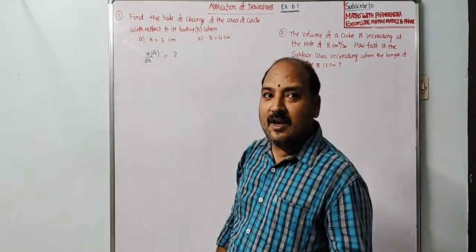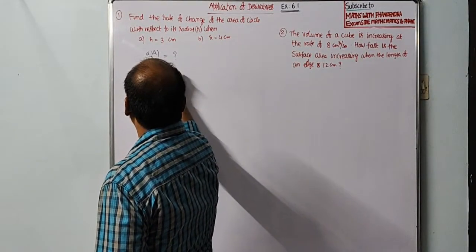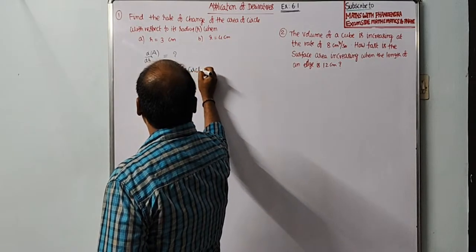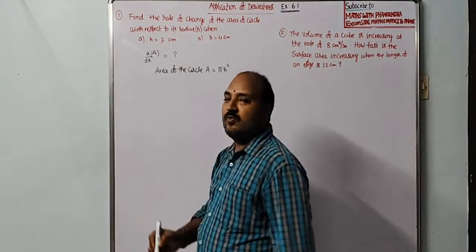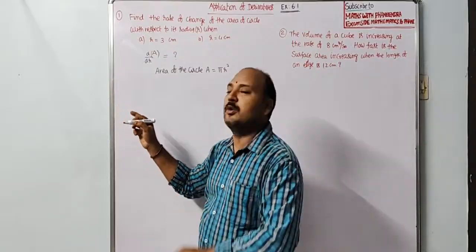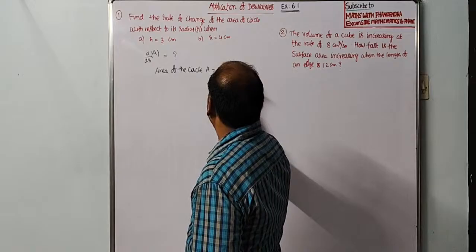So, what is the area of the circle? Area of the circle A is equal to pi r square. Next, what are they asking to find? dA by dr, so differentiate with respect to r.